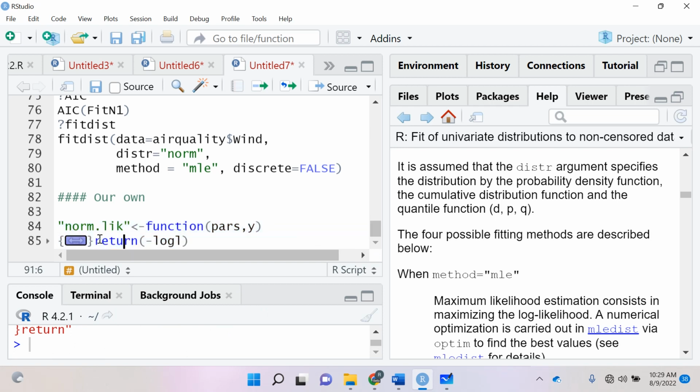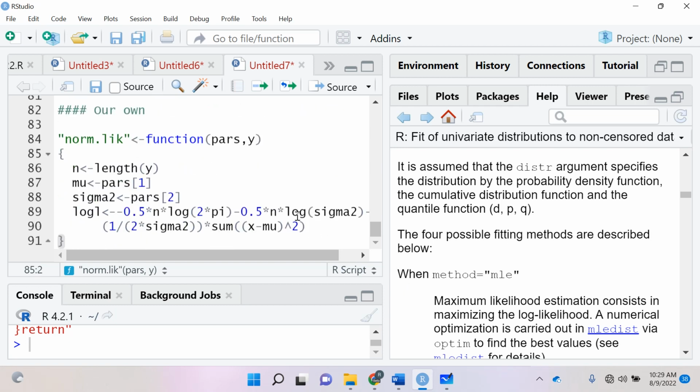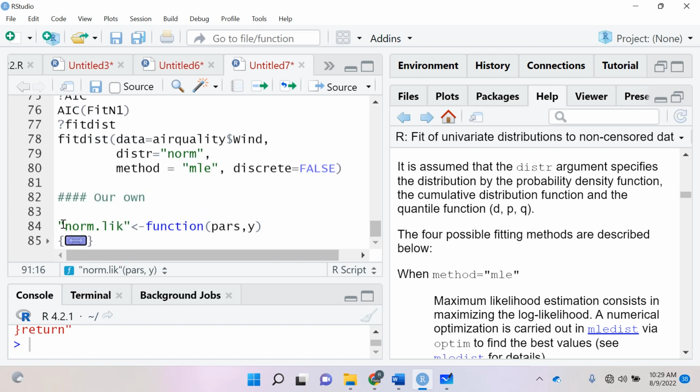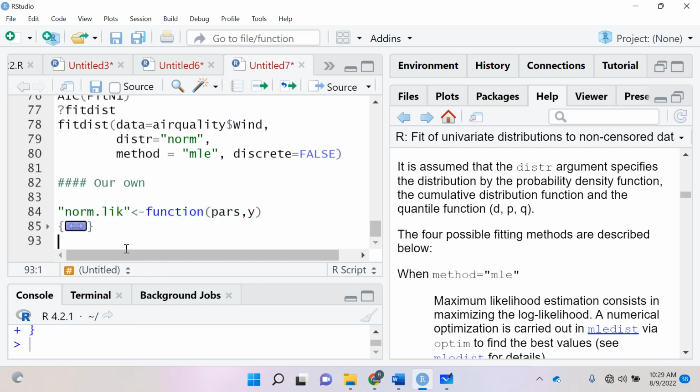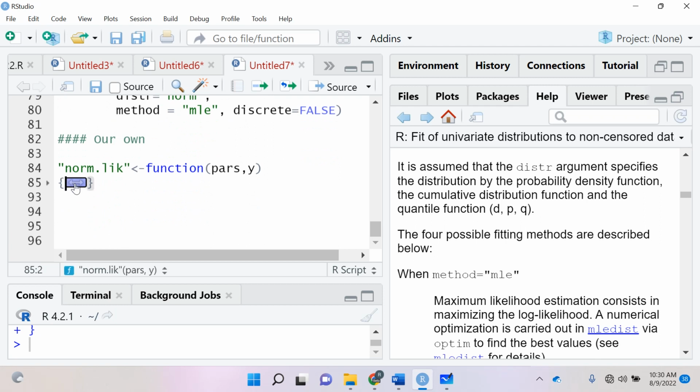Okay, so the return is actually outside the bracket. So you see how you can make mistakes. The return should be within the function. So let me do it again. Okay, so now it worked, and I trust everything is okay now.